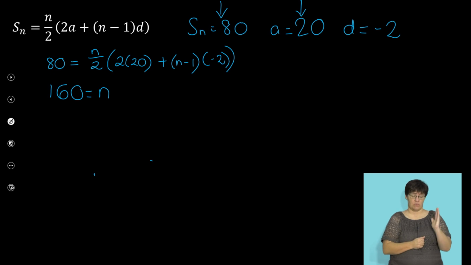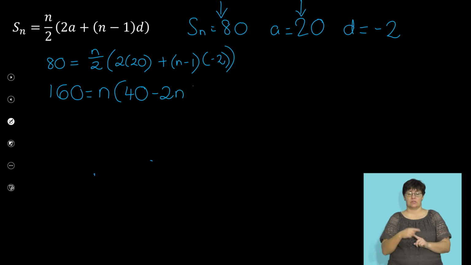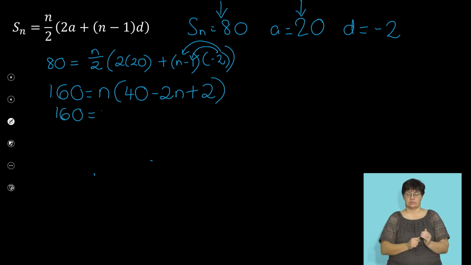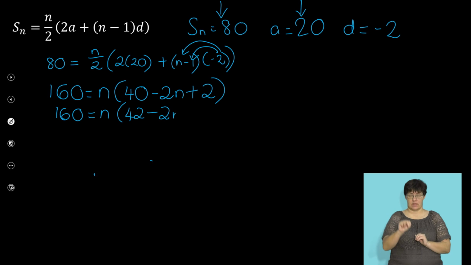Then in my bracket, I'm going to have 40 minus 2n plus 2. In order to get to that step, I've distributed this negative 2 into that bracket. I'm going to continue simplifying, so I'm going to have 160 is equal to n times 42 minus 2n.